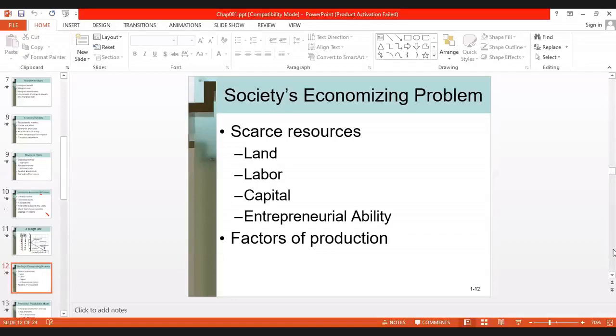So money is not capital. Money can be used to purchase capital. So money cannot produce anything itself.